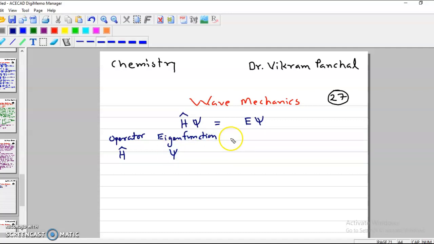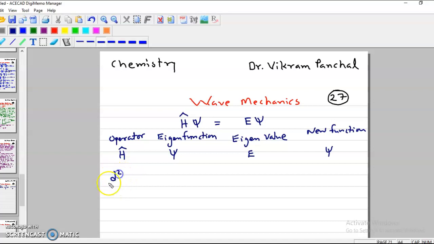So what is eigenvalue then? In this case, eigenvalue will be E, because we are getting the same operand over here or same function over here. That is why E must be eigenvalue. And you know that a new function is again eigenfunction only. It should be the same like eigenfunction, and that is psi. Okay. So this is the interpretation of this.